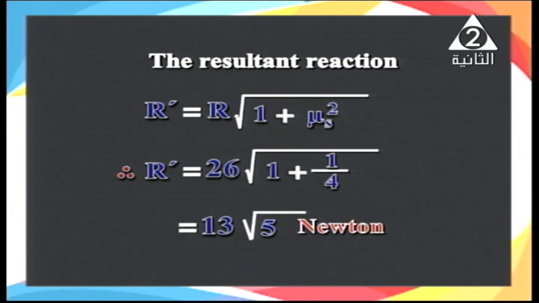This is the resultant reaction force. My dear student, by the end of the lesson, we know the static friction force and the kinetic friction force, and we know that Fs must be more than Fk. What is Fs? Static friction force.